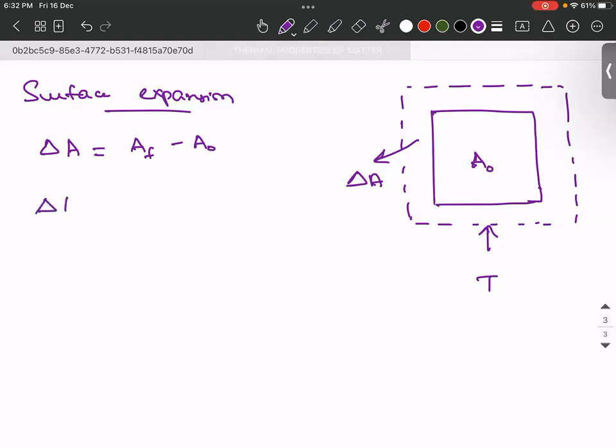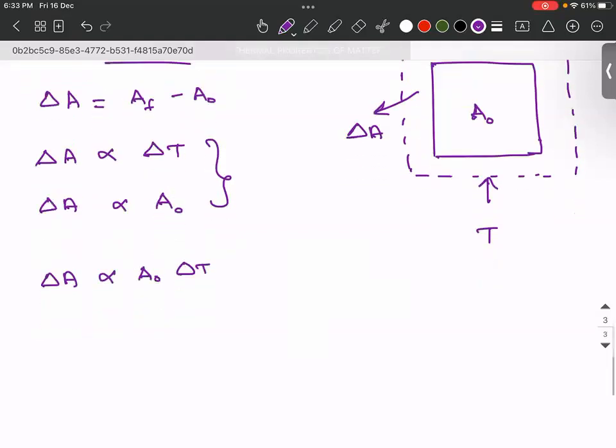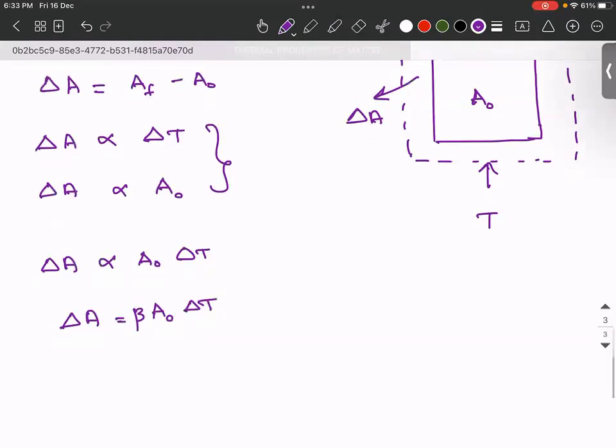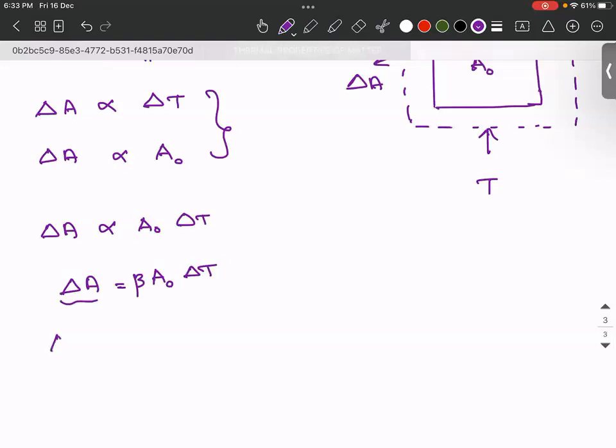So the same logic again, delta A is observed to be directly proportional to the change in temperature. Okay. Similarly, delta A is observed to be directly proportional to the initial area itself. Then when you combine these two, we can write delta A is directly proportional to A naught into delta T, or delta A will be equal to beta times A naught into delta T. So what is the value of delta A?